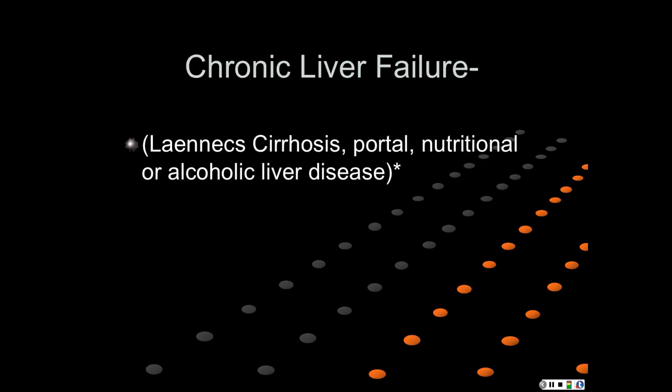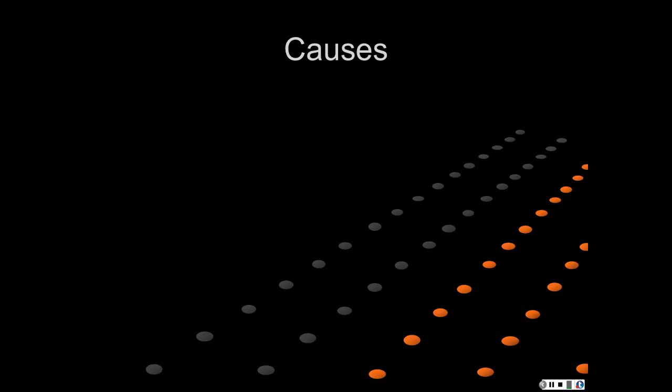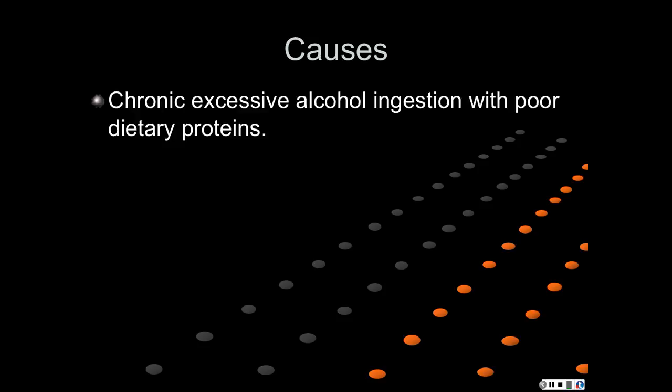Okay, chronic liver failure. So that was acute. Chronic liver failure, you may see it referred to either as Laennec's cirrhosis, portal, nutritional, or alcoholic liver disease. Okay.